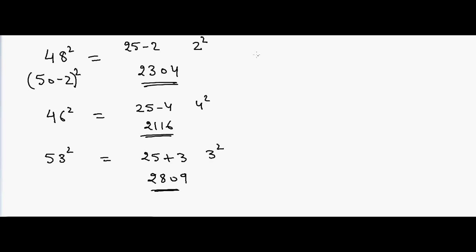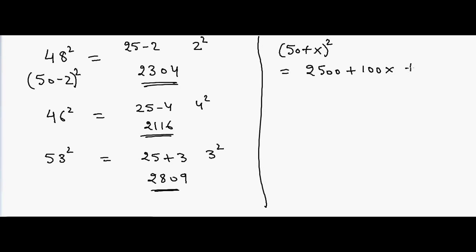How does this trick work? Let's look at the left side. If we have something close to 50, it can be written as 50 plus x whole square, and 50 plus x whole square can be written as 2500 plus 100x plus x square, which is equal to 25 plus x into 100 plus x square.